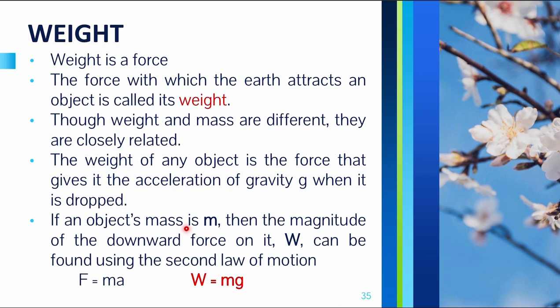If an object's mass is m, then the magnitude of the downward force on it is, instead of w, so that we don't confuse it with work, let us use, by convention, F, because weight is a force, with a subscript W. So the subscript W refers to the weight of the object.